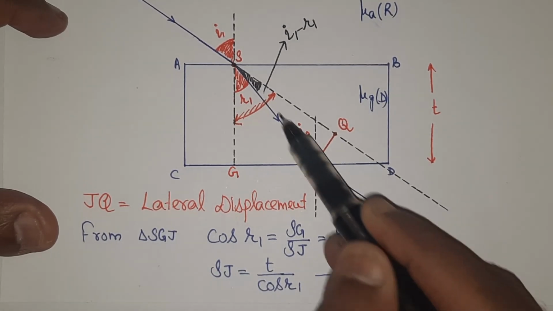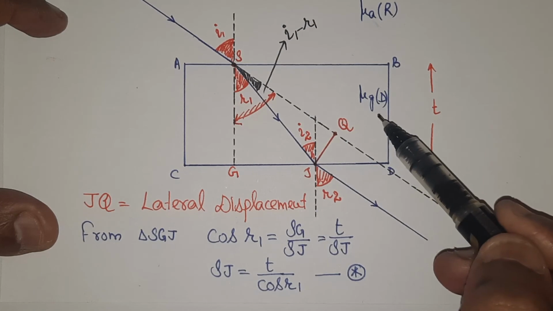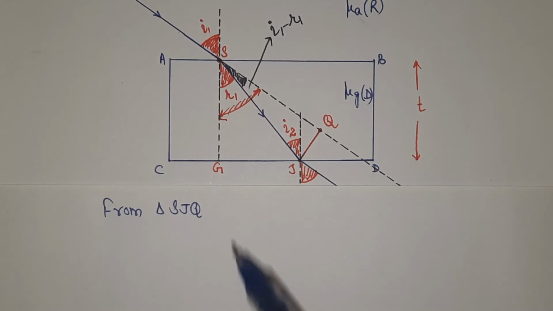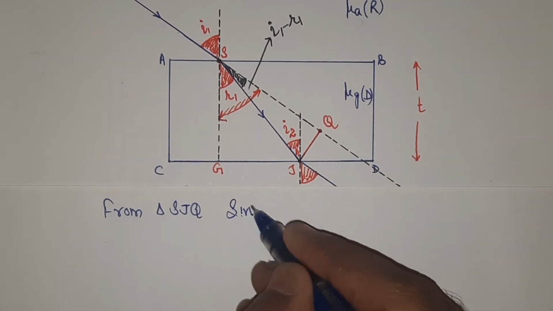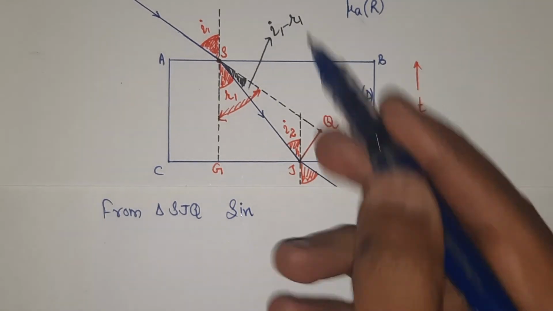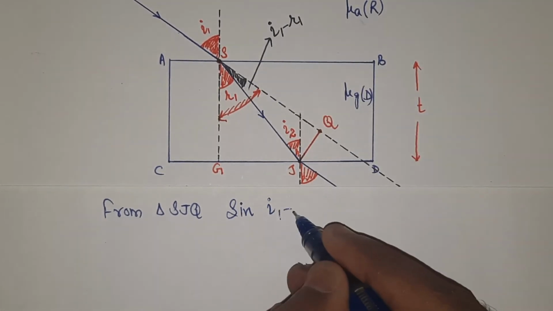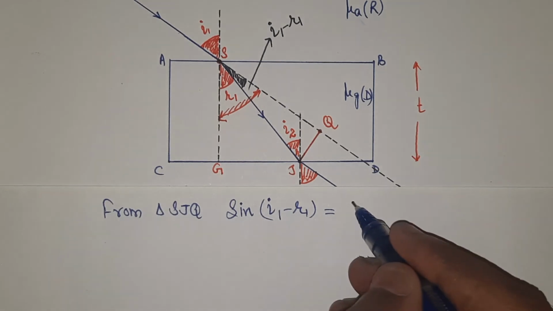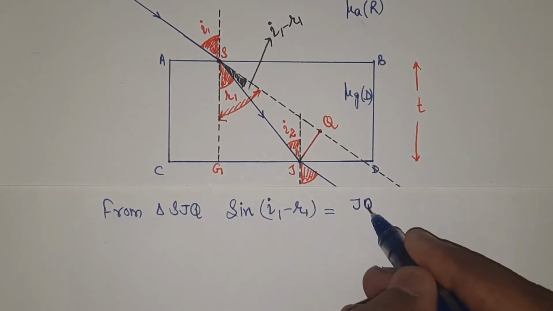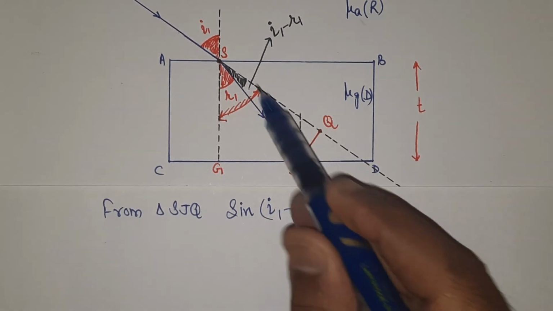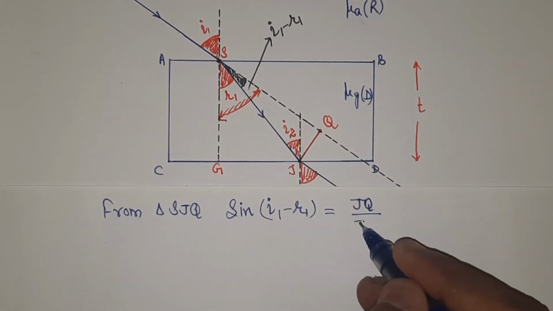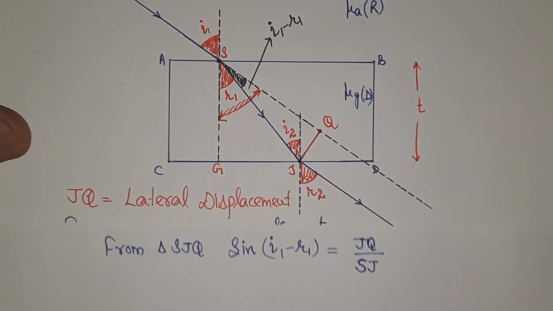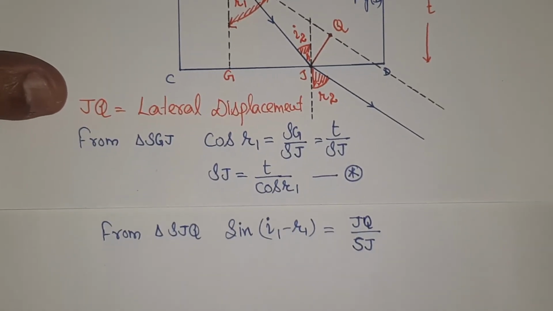So perpendicular and hypotenuse, who links them? Sine. So we write sine of I1 minus R1 is equal to perpendicular over hypotenuse. The perpendicular is JQ, that is the lateral displacement, and the hypotenuse is SJ. SJ we have already calculated, so placing the value of SJ.